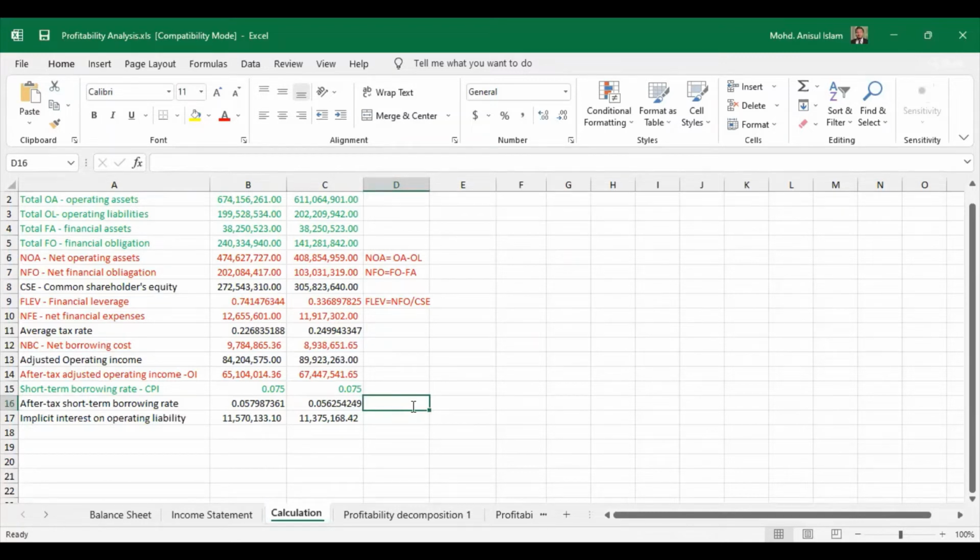Okay. So how can we measure it after tax? If we take the before tax rate and we subtract the tax rate in this way, our average tax rate, yeah, this one, we have this after tax short term borrowing rate. Okay. So someone has asked why we don't take the treasury bill rate.